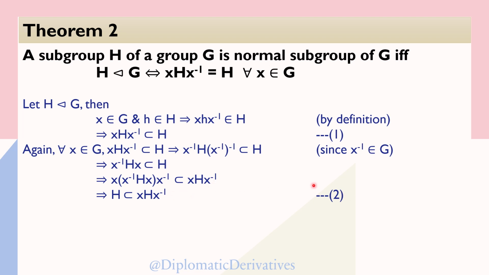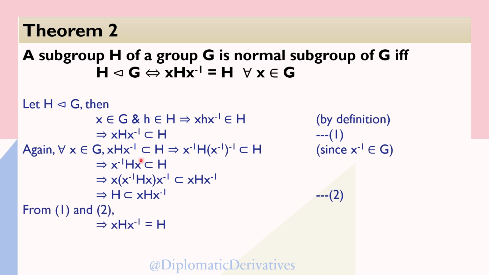Now from 1 and 2, what do you understand? You take the first statement, X H X inverse is a subset of H, and the second statement, H is a subset of X H X inverse. If this belongs inside this and this belongs inside this, then both are equal, right?